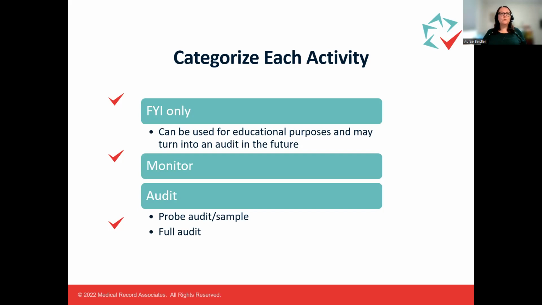Maybe it's a service you don't know if you provide or not, or it's a new service, or it's something you just haven't reviewed in the past. So maybe you'll do a quick sample and probe audit to see what this looks like. Maybe we only have 5 claims on this. So maybe we'll do a full review of those 5, or maybe we just won't include that in our work plan. Or is it something you're going to do a full audit on and fully investigate as part of your compliance work plan?